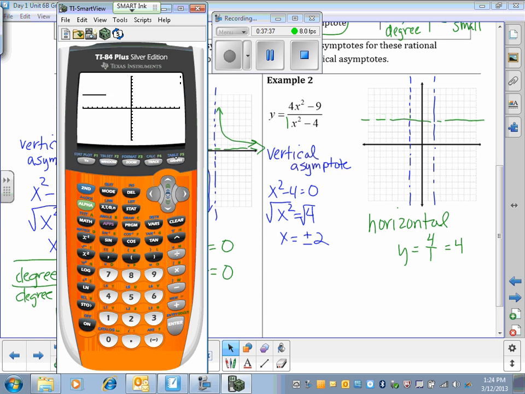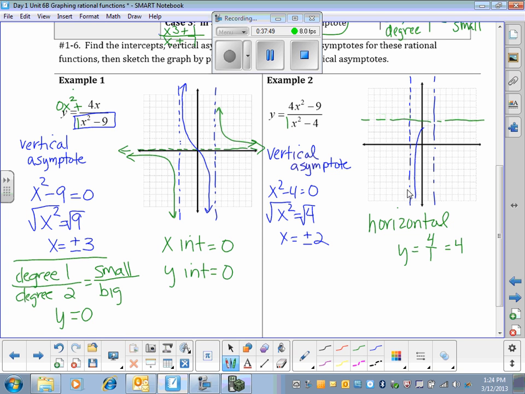And then here's your graph. This one's kind of crazy too. This is fun, right? So it looks like this in the middle part. Nice parabola in the middle, right? And then it's got these here, like this.